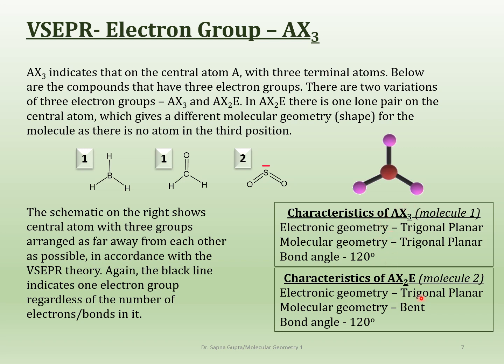What about AX2E? For AX2E, the electronic geometry is still trigonal planar. Why? Because you have 3 electron groups, 2 plus 1. So that is trigonal planar electron geometry because you have 3 electron groups, but you don't have 3 terminal atoms. You only have 2. So the molecular geometry, or what we call the shape of the molecule, is bent.